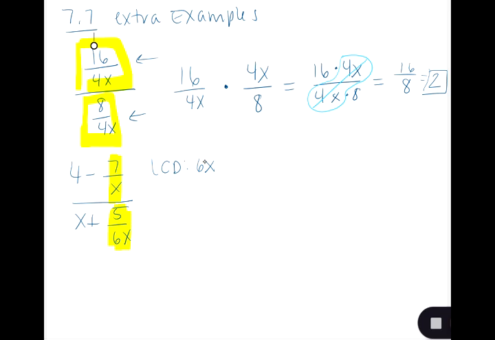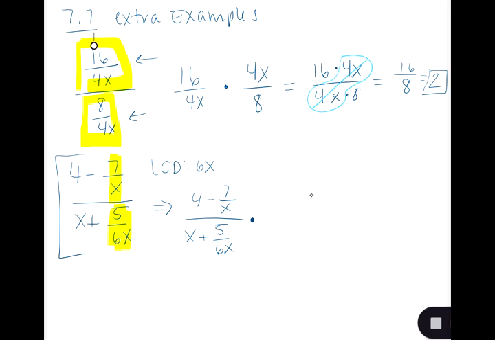Now what I want to do is multiply both the numerator and the denominator of my big fraction, right? So this is my big fraction. So I'm going to do 4 minus 7 over x plus 5 over 6x. And I want to multiply by 6x over 6x, because again, anything over itself is equal to 1.